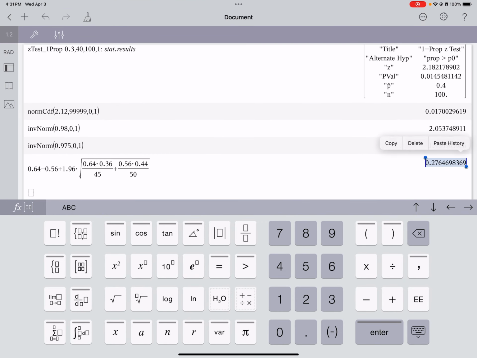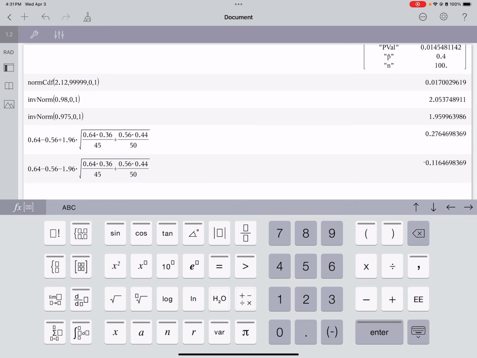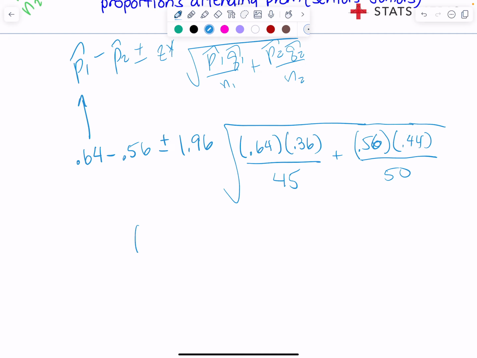So then I'm going to go up, copy it, go over, and change it to a minus sign. And minus, and then we go. So I've got negative 0.116 to 0.2765.